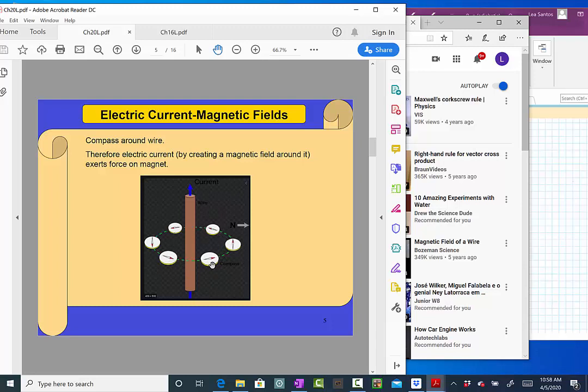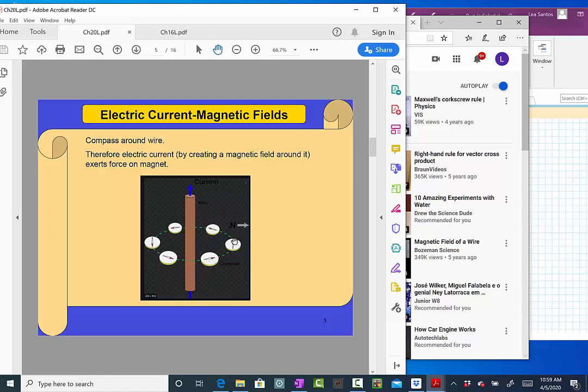If I bring many magnets now close to this wire, they are going to feel the magnetic field created by this wire. Because this magnetic field will be larger than the magnetic field of Earth, now our magnets will get aligned with the magnetic field created by the wire. And this is what you're seeing here.